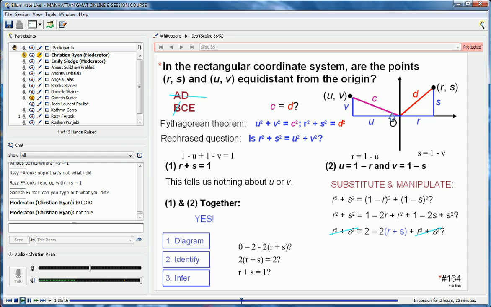So then I just ask, is C equal to D? And we actually wrote this in reverse order, but it's the same thing: is U squared plus V squared, the distance C here happening to be squared, equal to the other two coordinates squared. And I honestly believe this is simpler.